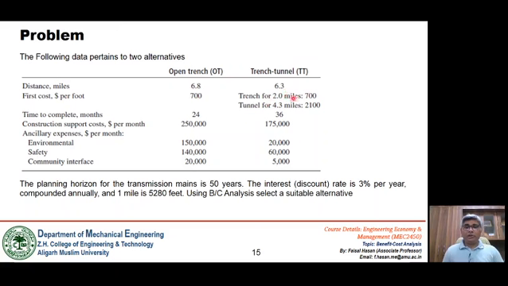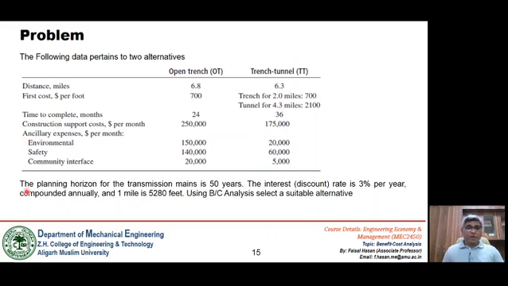Again for the tunnel it is given as this for the first 2 miles and this for the remaining 4.3 miles. Time to compute is also given, 24:36. Construction support cost, these are MNOs. This is also given, and this is the ancillary expenses per month associated with environment safety. These are basically the benefits associated with the project.